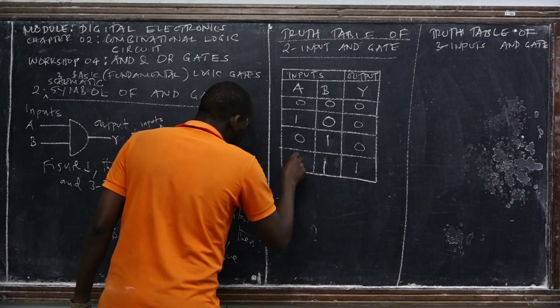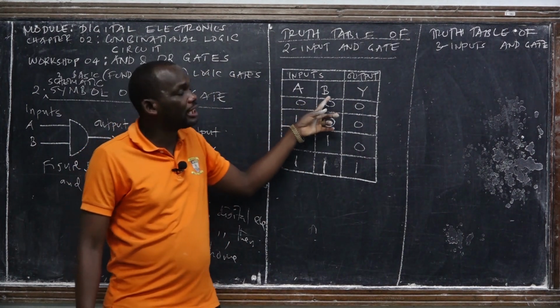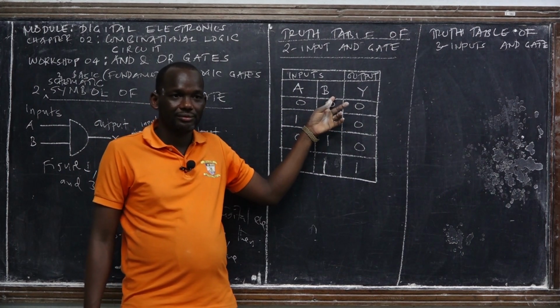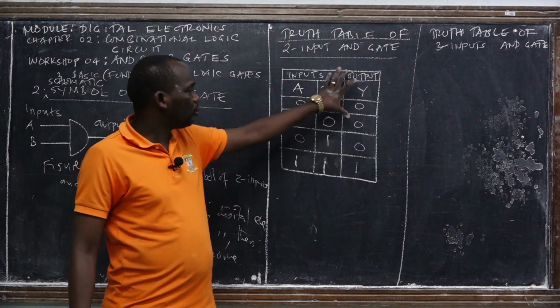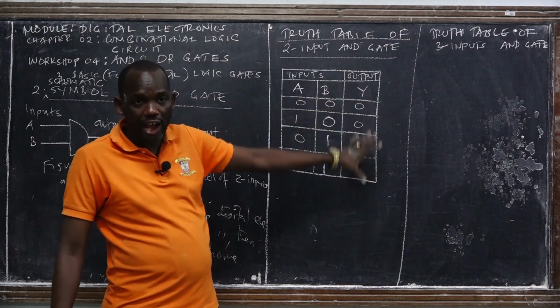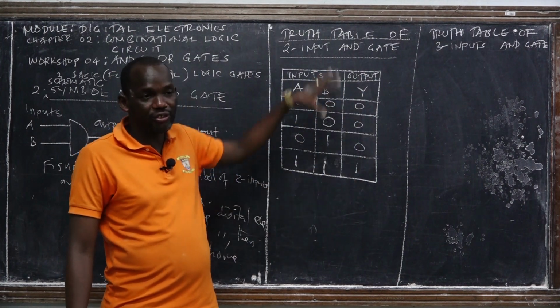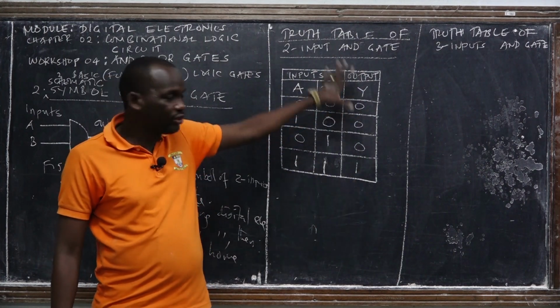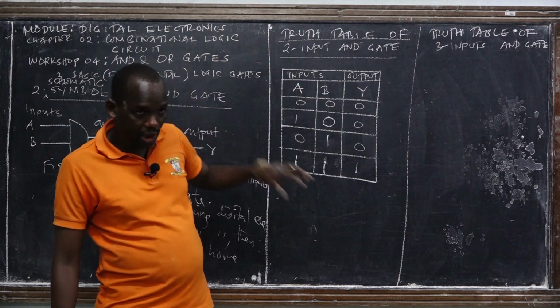Remember that the layout will have push button A and push button B, and then we expect outputs of different states on our light emitting diode. That is a simple demonstration or verification of the truth table of the AND gate. So what you have drawn should remain in your mind. Are we together?